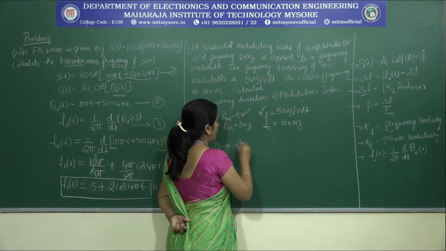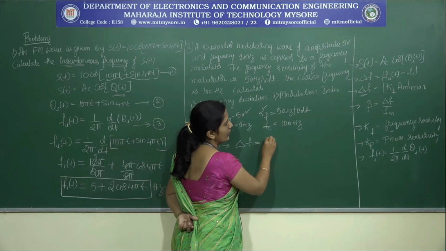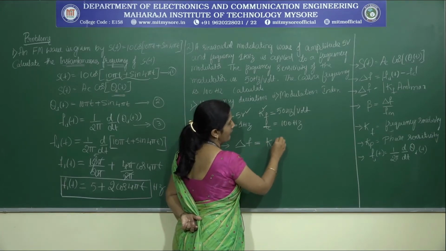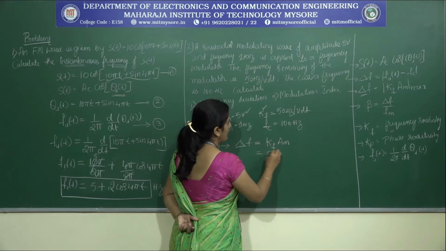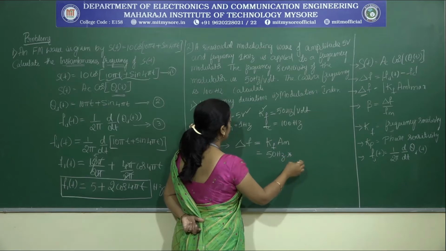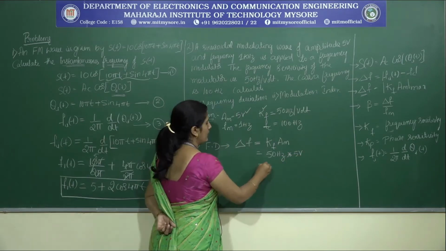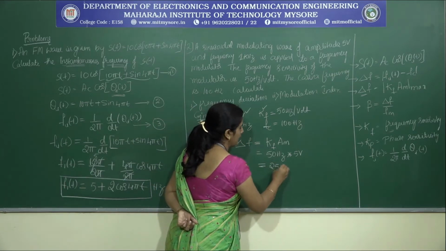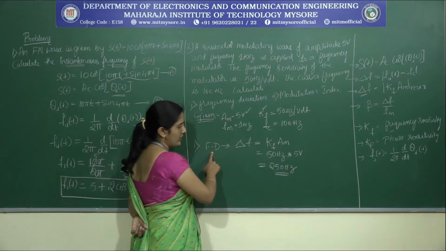So putting together we can write delta F is equal to KF into AM. So KF is 50 hertz into AM is given by 5 volt. So we are going to get 250 hertz. This is our frequency deviation.